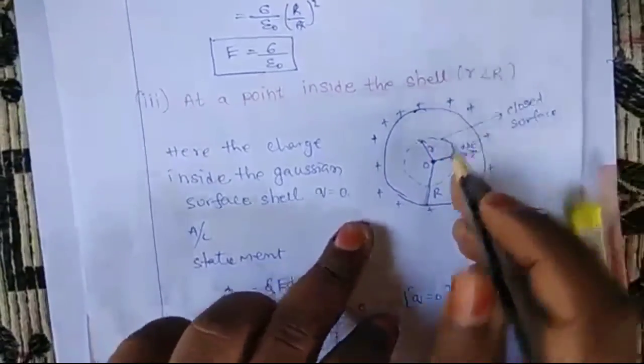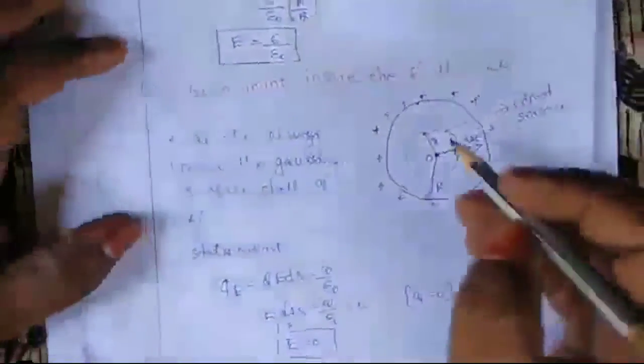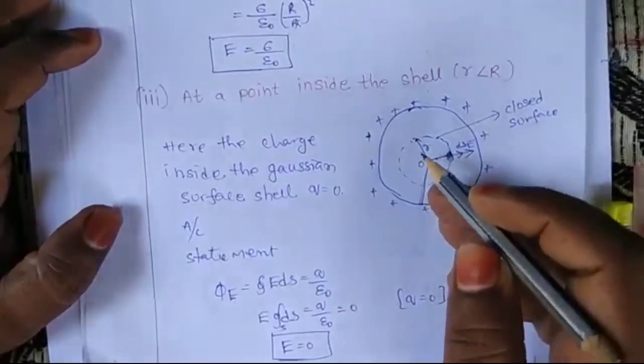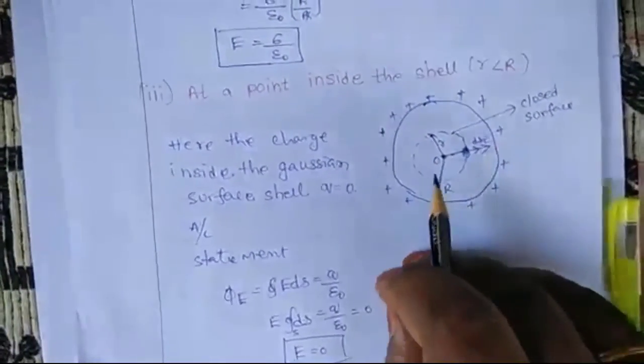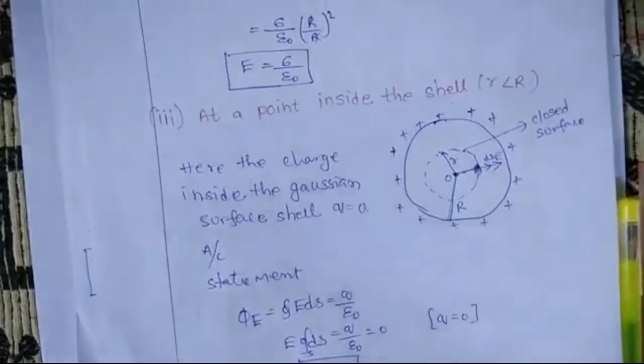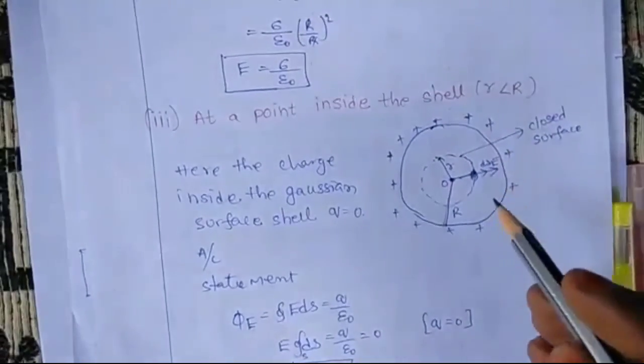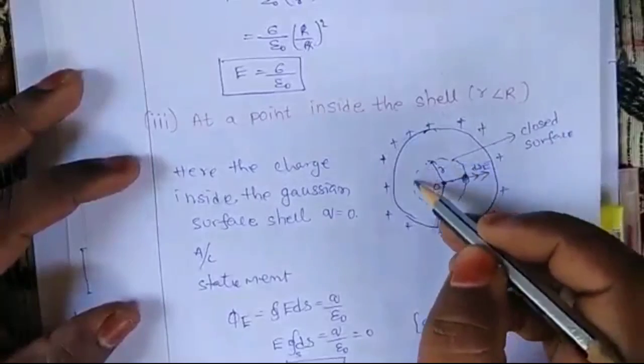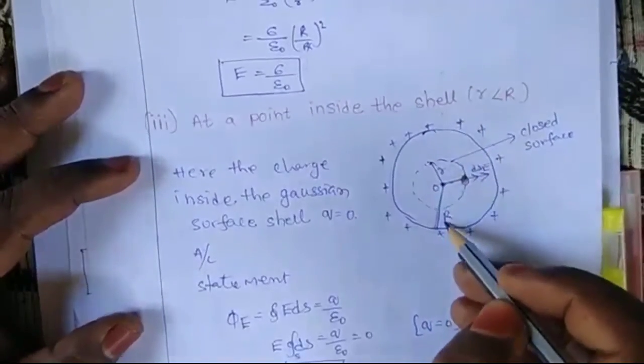Here we can conclude that inside the shell there is no charge, because charge always resides on the surface.